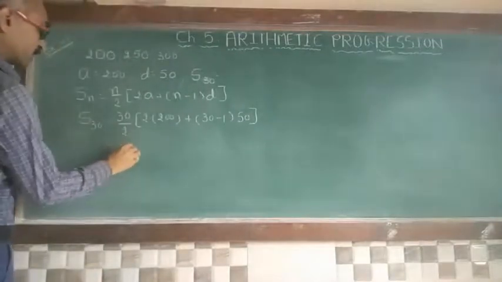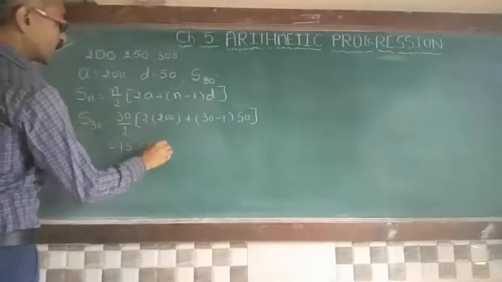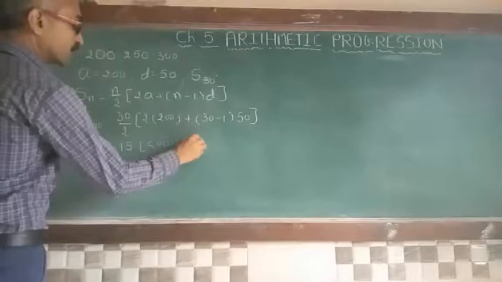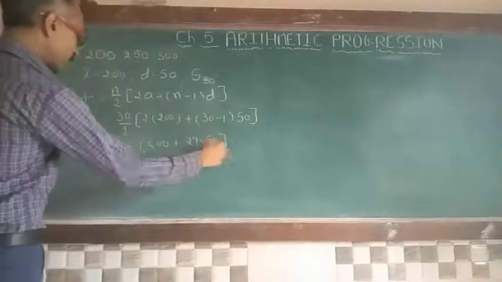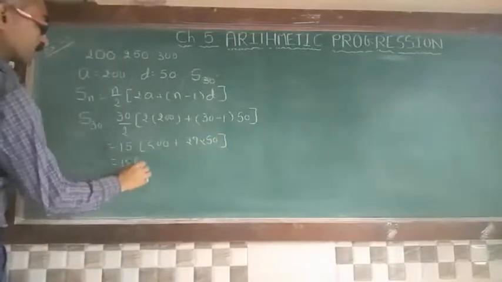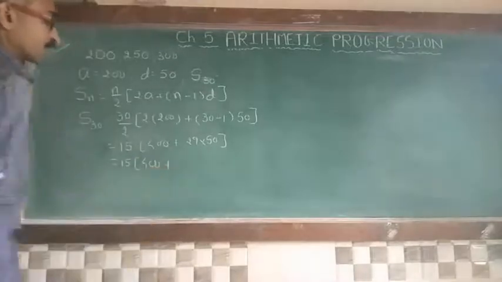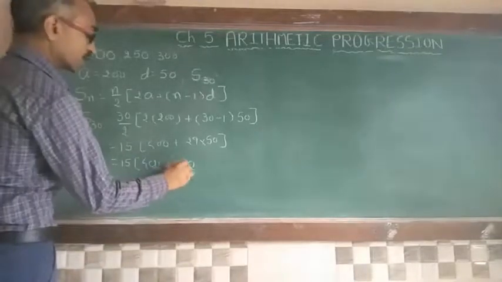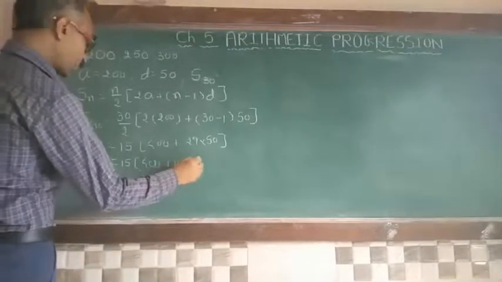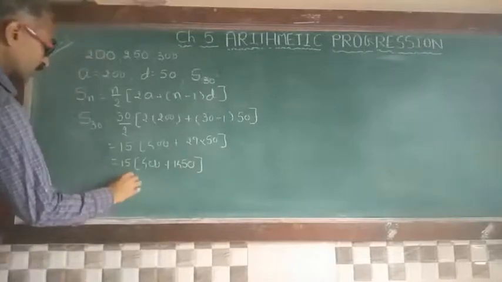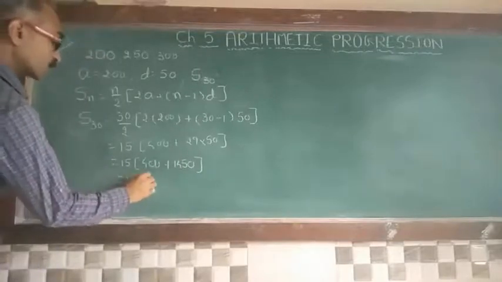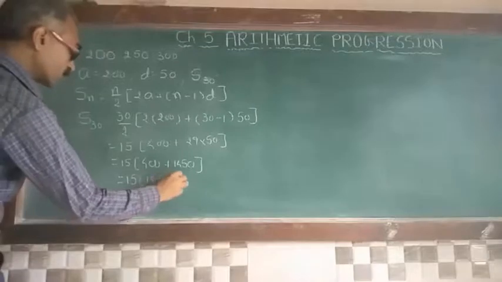That means it is 15 into 400 plus 29 into 15. That is 435, so 15 into 1850.